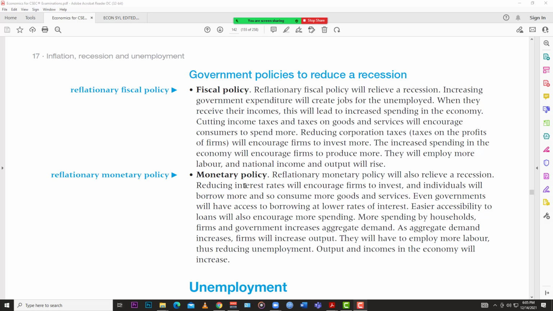When they get paid, they spend that money on other things, and it keeps going on and on until they reach a peak, and then things look a little inflationary. We have to go back down the curve now, go back down to the recession, right? So the cycle continues. So those are some of the policies that government can enact to try to reduce the effects of the inflation, to stop the inflation.